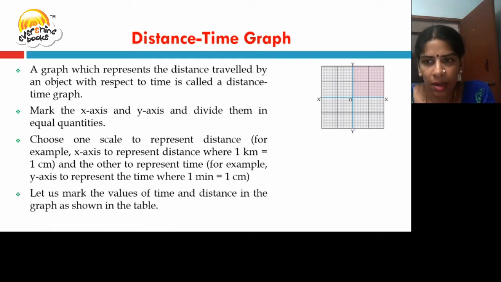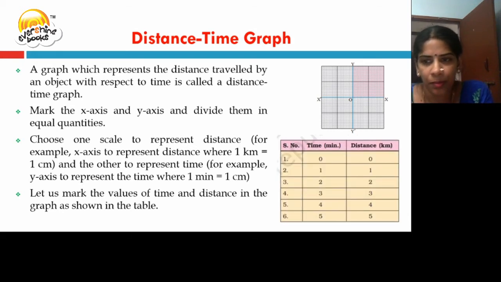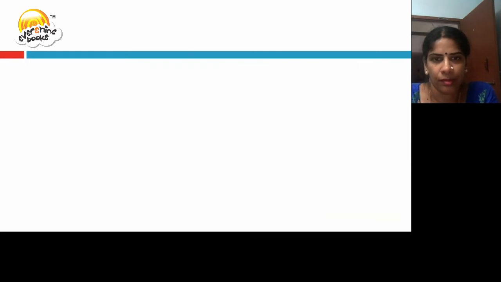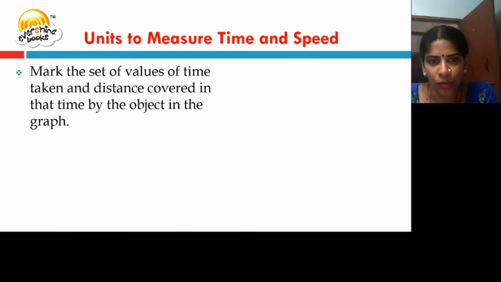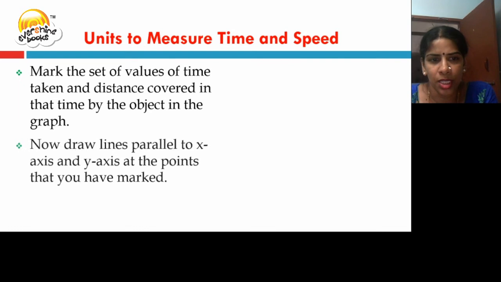We shall now mark the values of time and distance in the graph as shown in the table. Mark the set of values of time taken and the distance covered in that time by the object in the graph.